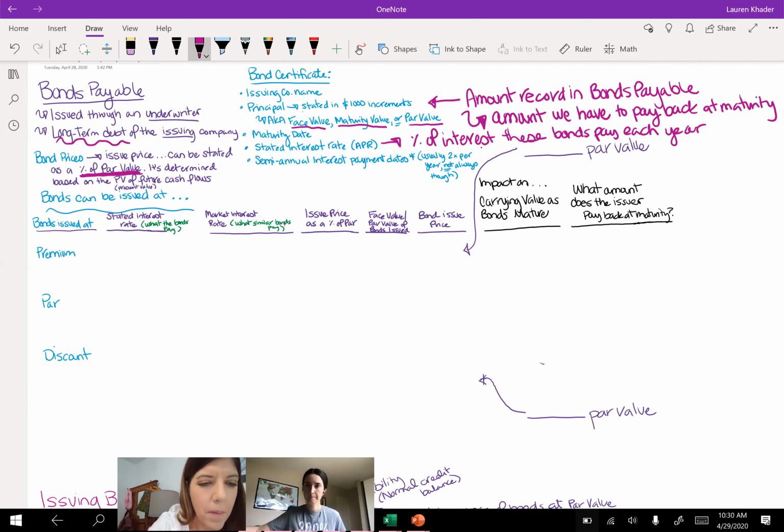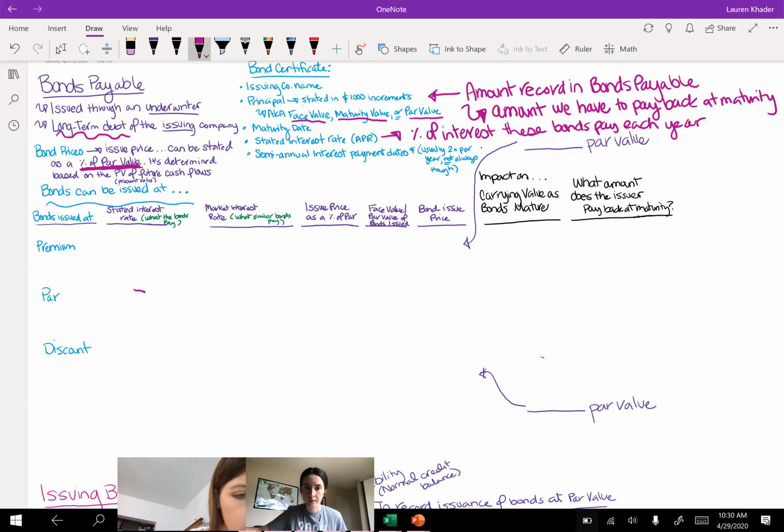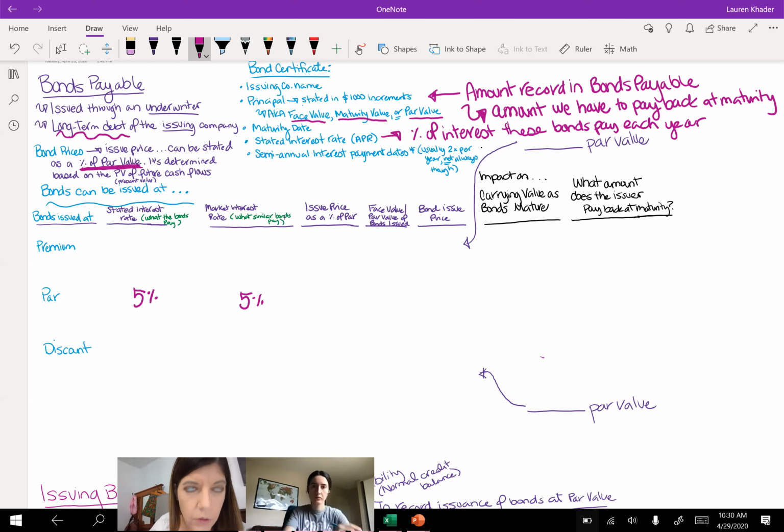Okay, my bonds are offering you 5% interest annually. Similar bonds in the marketplace are offering 5% as well. So you can earn 5% interest on my bonds, or you can purchase similar bonds and you'll earn 5%.